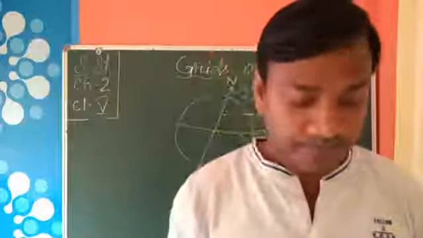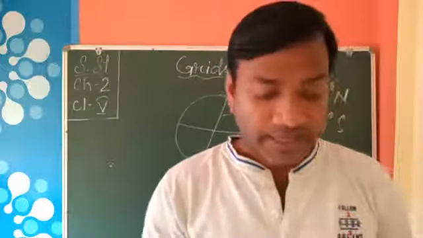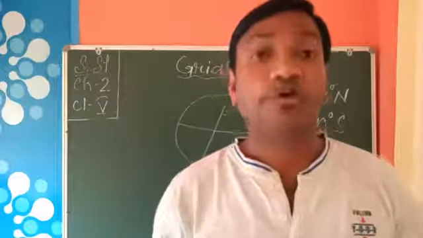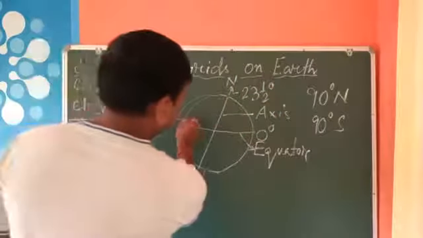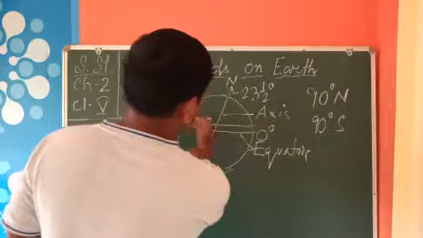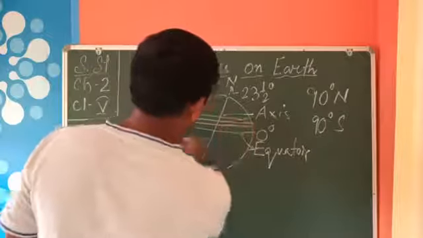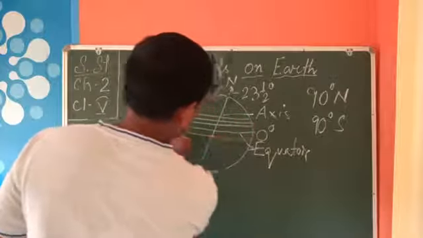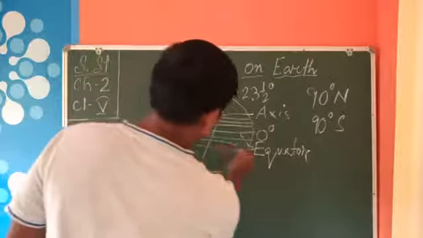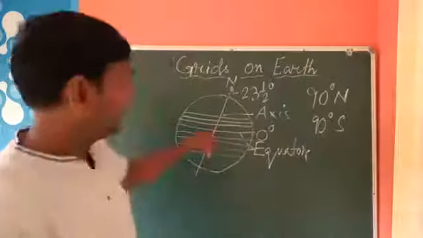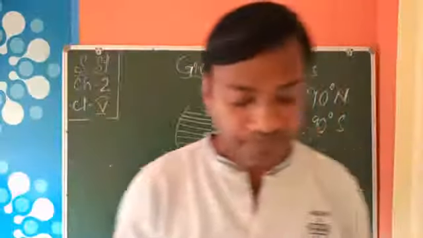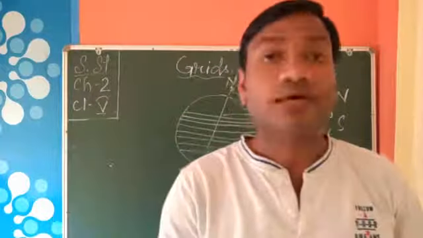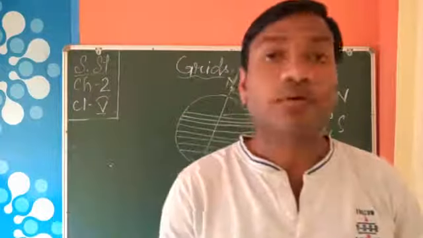Two halves, that means two parts, and a number of circles are drawn parallel to the equator. So these are the lines we find on the globe. Parallel to the equator, many lines are there on the globe, and these are called latitudes.